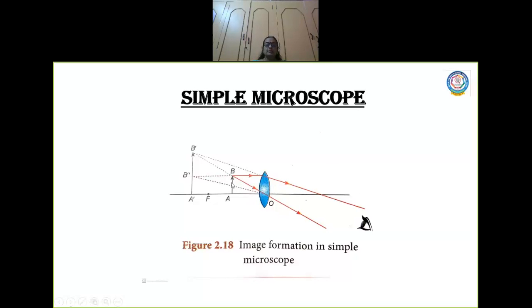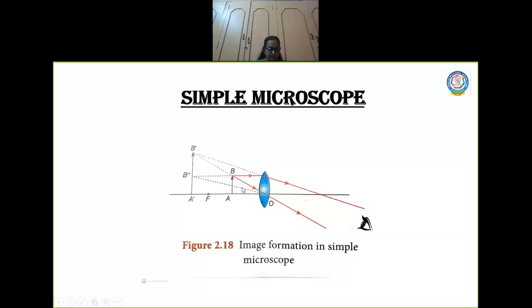So now look at the ray diagram here. Here AB is the object. Now this object is placed at a point within the principal focus. The object is kept between O and F. This is the optical center, this is the focus.